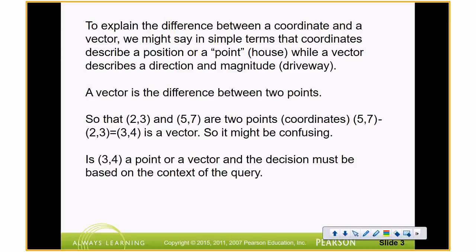Is (3, 4) a point or a vector? And the decision must be based on the context of the query. Basically, what that means, I threw those words in there. The context. Now, one thing I did learn in English is context clues. You know what context clues are?